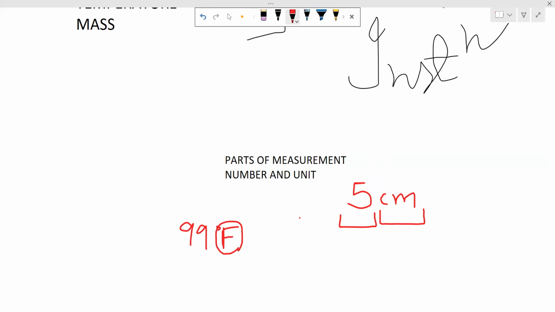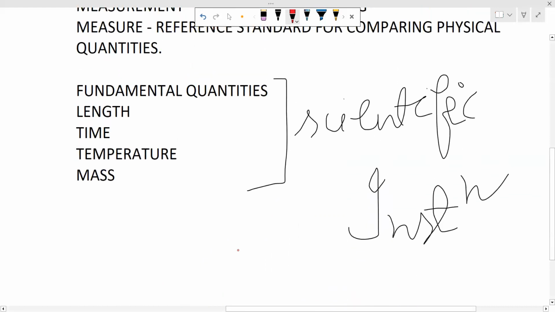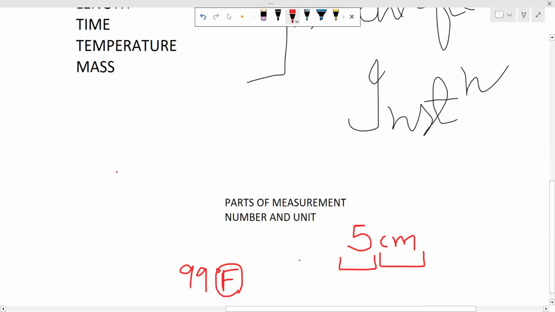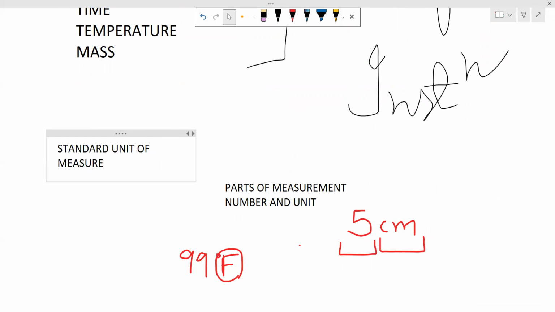And also we have the standard unit of measurement. Why do we have standard units? To avoid confusion. Standard units of measurement are present to avoid confusion.